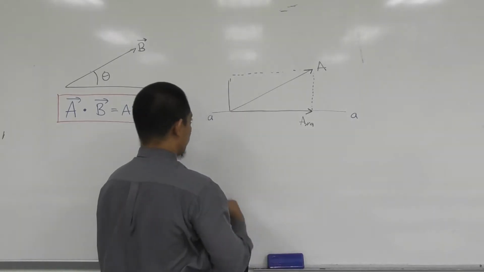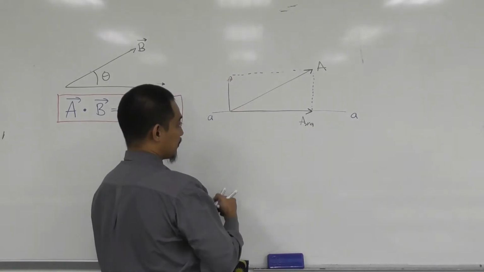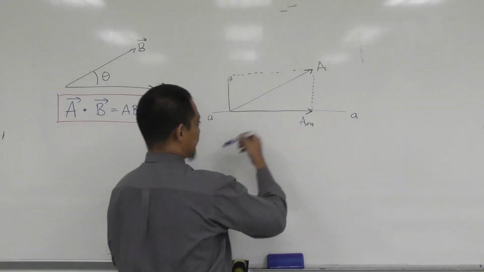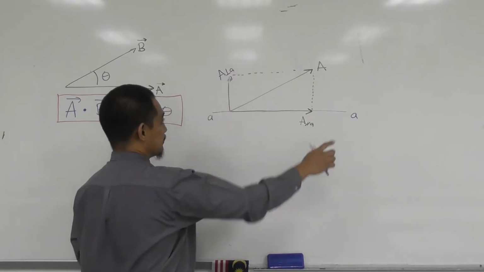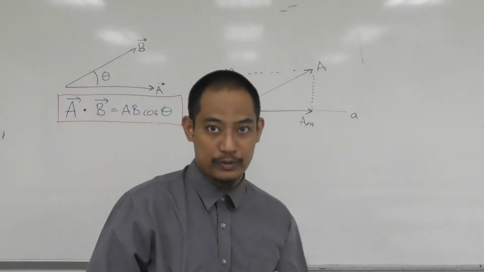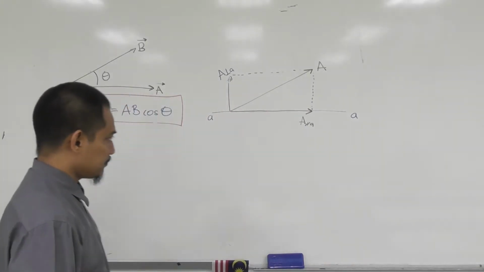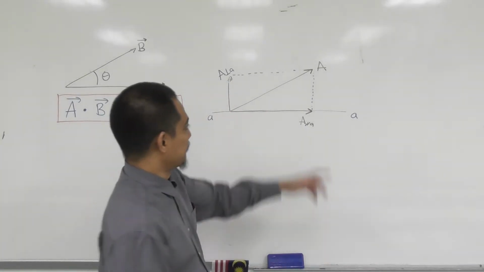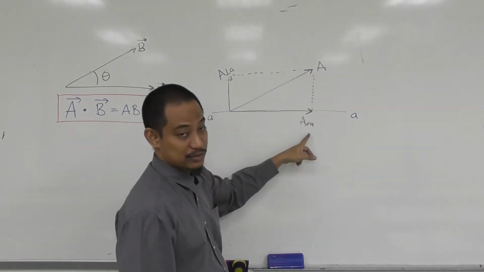Okay, I'm not sure how to label this, but basically this is A parallel to this axis. This is A perpendicular to this axis. So you have two axes there. Now, when we see projection, is this one. This A projected on this line a, capital A and small a.